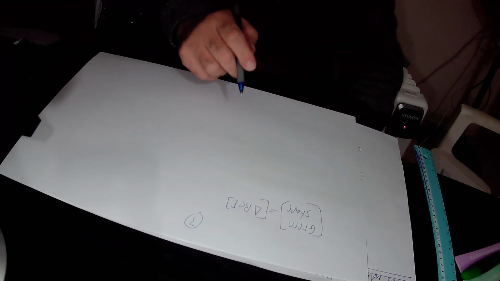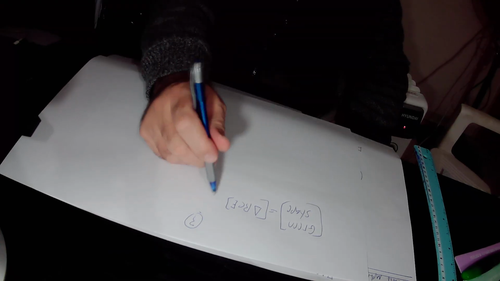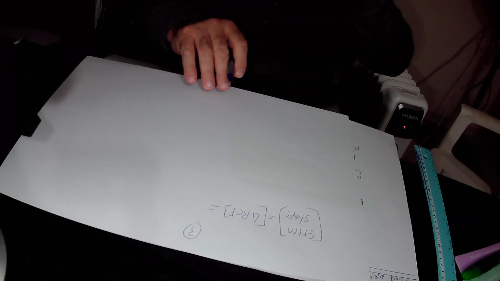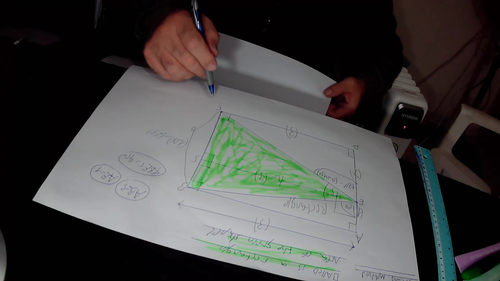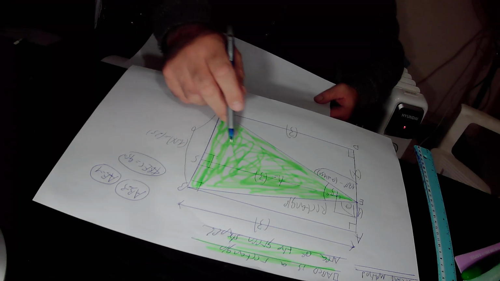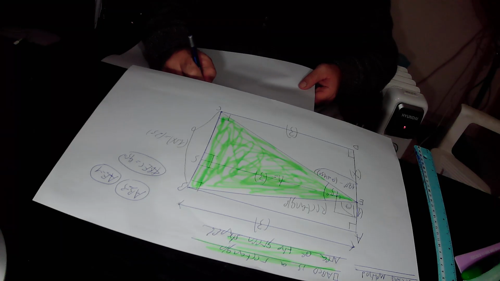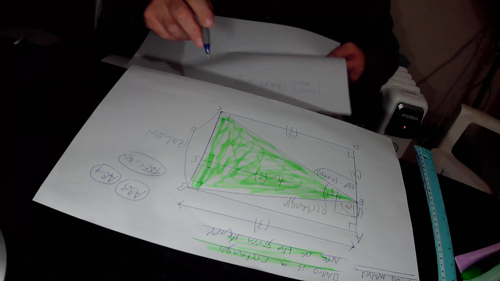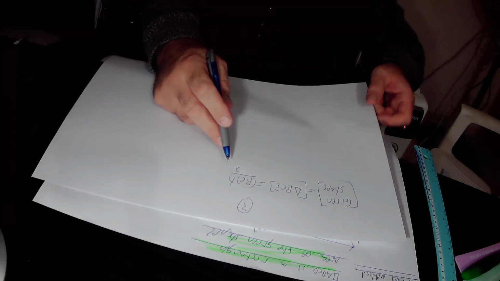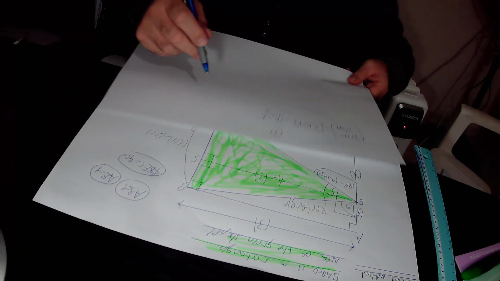Again, the area of the green shape is actually the area of the green triangle BCE. The area of the green triangle BCE equals the base BC times the height H over 2.